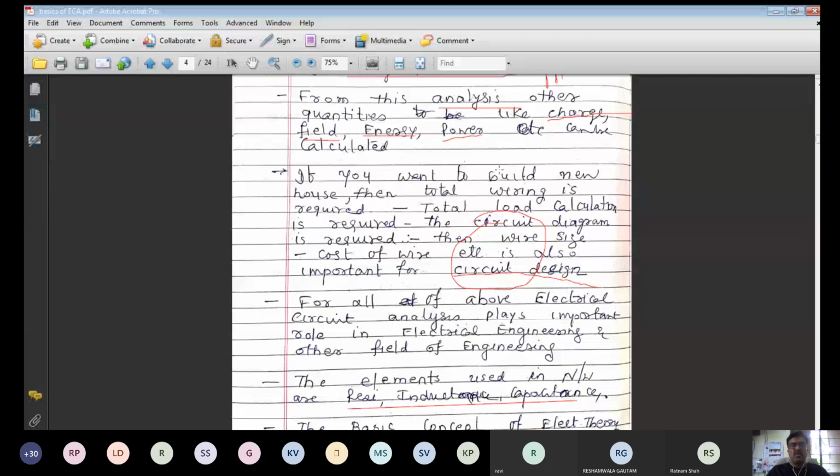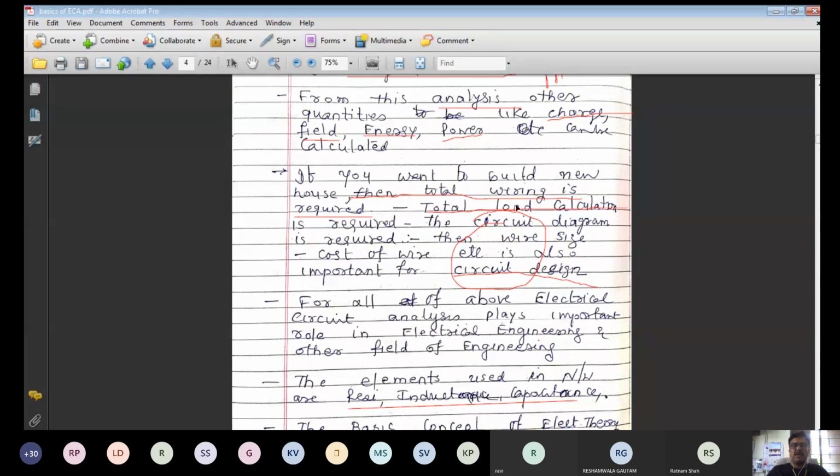Now take a simple example. If you want to build a new house, then the total wiring is required in the new house. The total load calculation is also required, meaning how much load is needed. Load means whatever components you have connected, like tube light, fan, AC, or refrigerator.